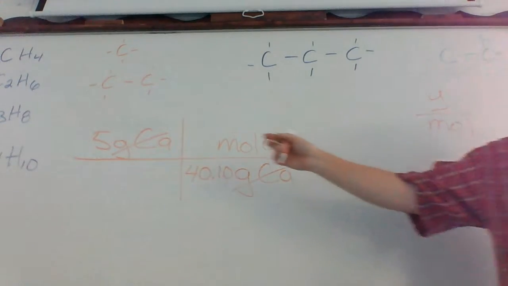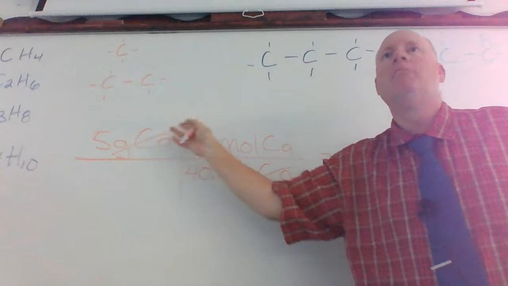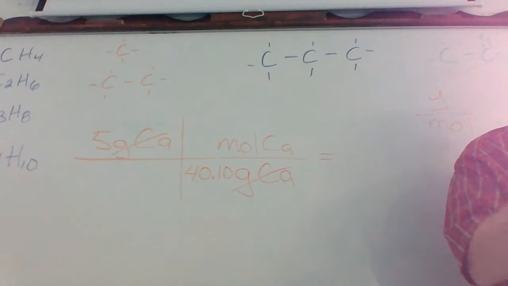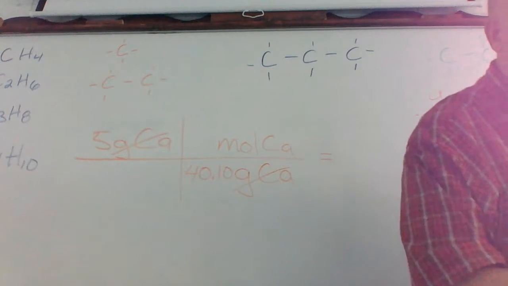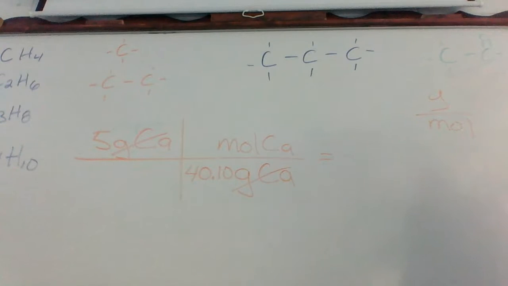So if numbers are next to each other, what do we do? Multiply. But if one's on top and one's on the bottom, we would divide. That's right. And according to this, we should get 0.13 or 0.125. Does that sound about right?